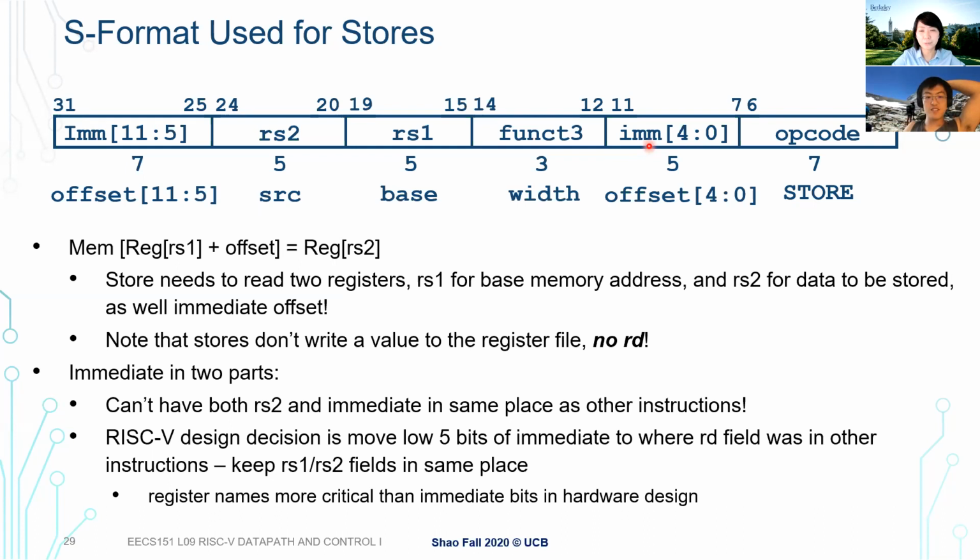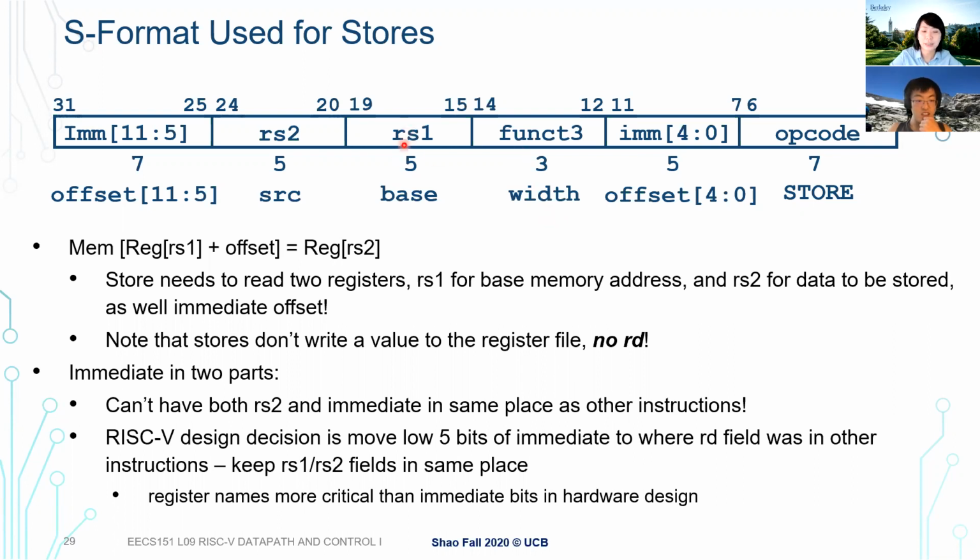We always want to have fixed places for certain things, so that once the value is read out from our instruction memory, we can immediately decode it to do our register access directly. So we want to have fixed places for our register accesses. It's always of higher priority because everything depends on the values read from registers.